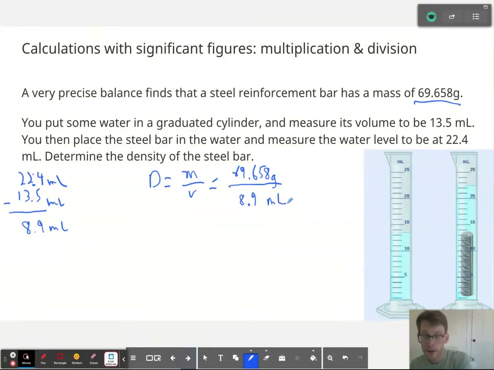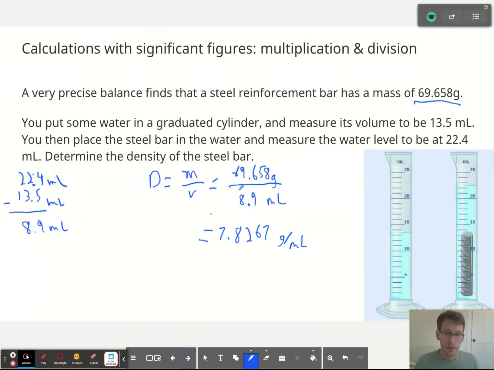And you can tell already that the 69.658 grams, that mass measurement, is very, very precise, but the volume is not. What I actually find is that our density is equal to 7.8267, and it keeps going from there. Grams per milliliter, but really I cannot report all that precision.